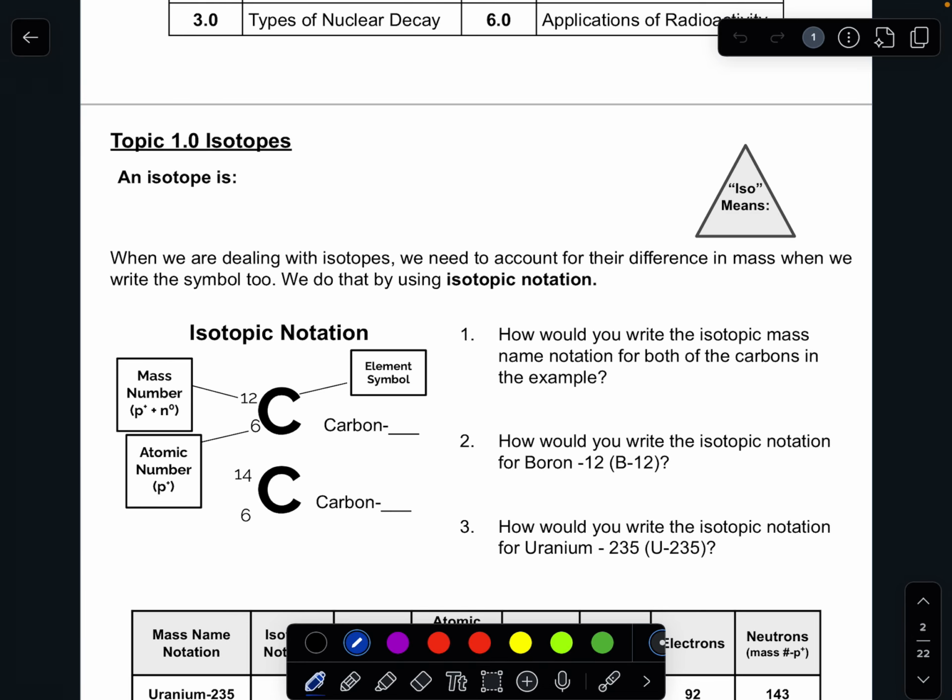We know that most of the elements will exist in different masses, right? So an isotope is an atom of the same element with a different number of neutrons.